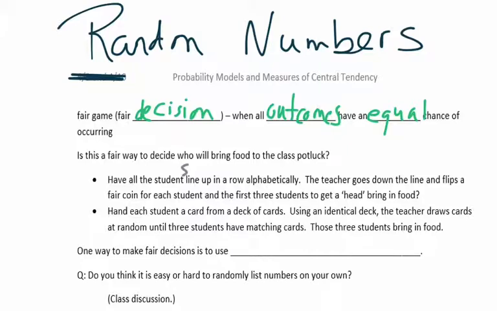All right, now hopefully in your head you've arrived at some decision there. What you might see in the phrasing of this is that the teacher is flipping a fair coin, and that's meant to be a bit of a distractor. The coin is fair, so when the coin is flipped, there is an equal chance that the student will get a head or a tail.